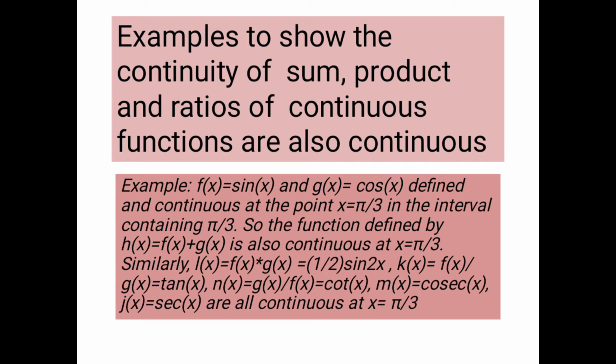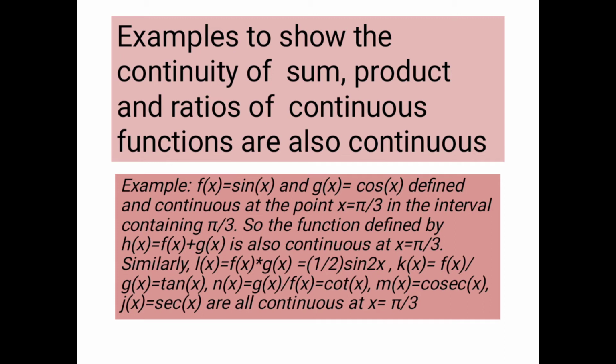Let it be continuous at the point, say, x equal to pi by 3. Then we note that the sum of the two functions sin x plus cos x is also continuous at x equal to pi by 3. The product sin x into cos x, in other words it can also be written as 1 by 2 times sin 2x, is also continuous at x equal to pi by 3.